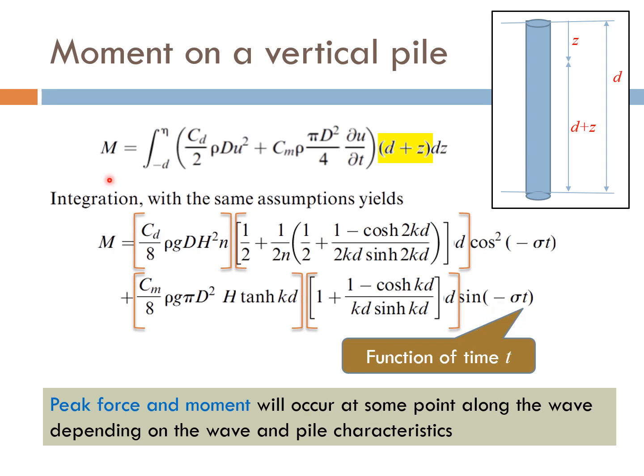So essentially, the integration of this expression gives us the additional expression over here for the moment due to drag, and the additional expression over here for the moment due to inertia. For both the force and moment on the vertical pile, the peak value will occur at some point depending on the wave and the pile characteristics, as we will see in the example.